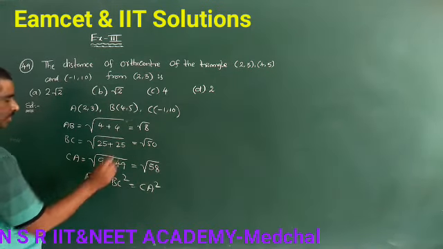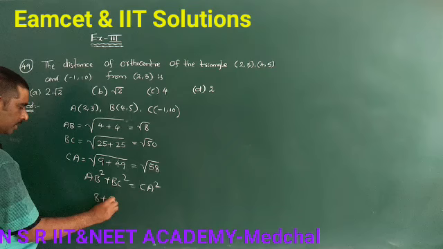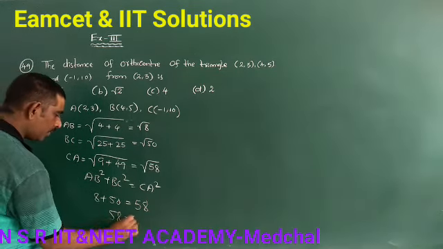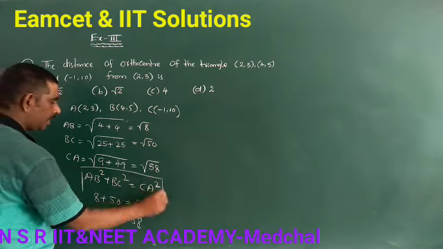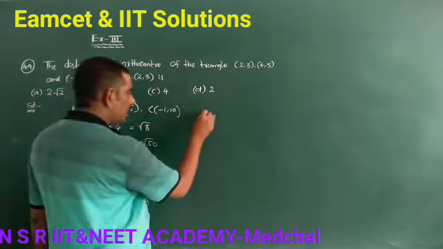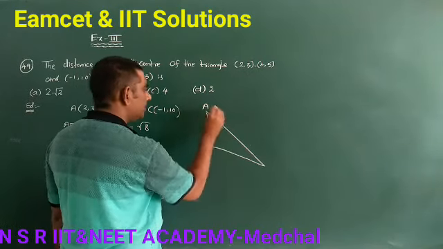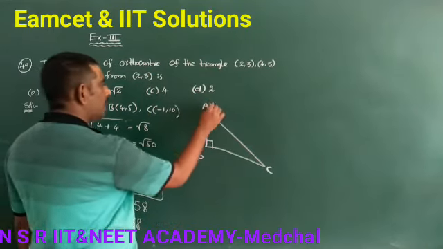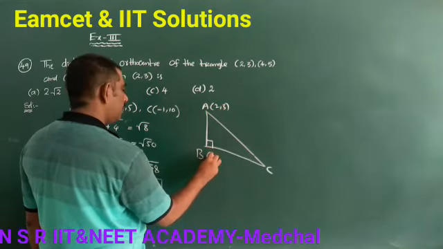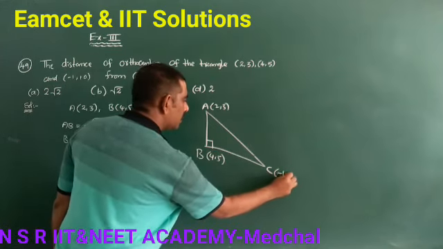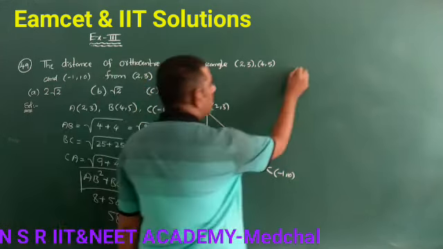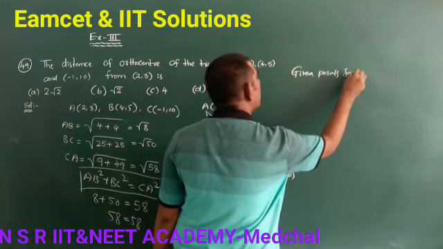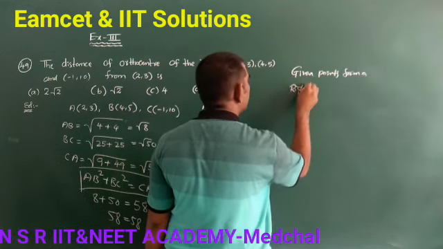So AB square plus BC square is equal to CA square. AB square, root 8 square is 8, root 50 square is 50, root 58 square becomes 58. So 58 equals 58. So ABC forms a right angle triangle. Here the hypotenuse is AC, so the right angle is at B. So the given points A (2, 3), B (4, 5), C (minus 1, 10) form a right angle triangle.